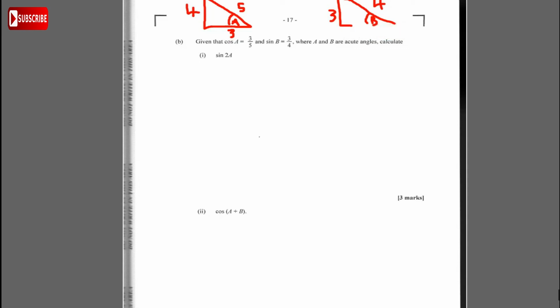So the adjacent is going to be 16 minus 9. That's 7. So the adjacent is the square root of 7.